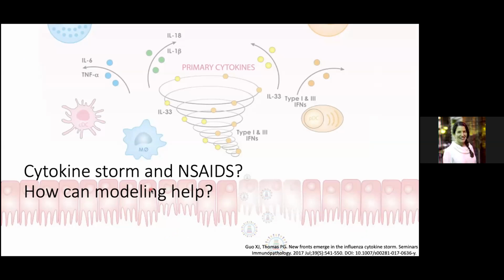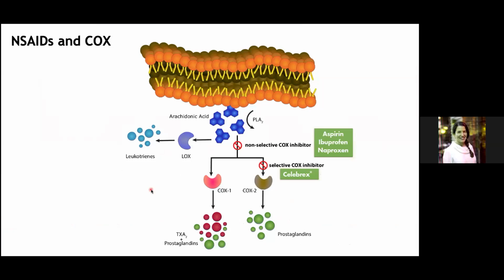As of yet, there's not a clear understanding of the dysregulation that takes place in inflammation, nor any significant scientific studies to showcase this. So NSAIDs are nonsteroidal anti-inflammatory drugs that suppress the COX enzyme.